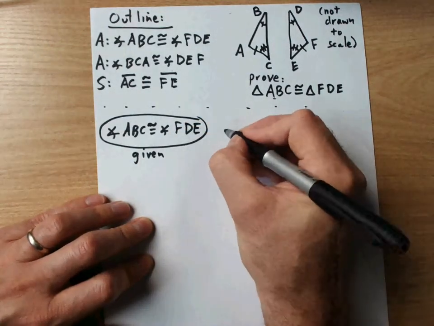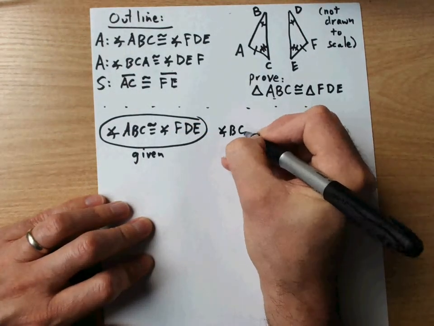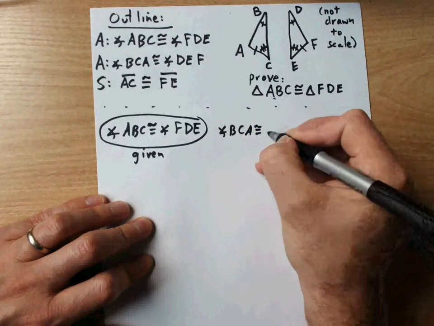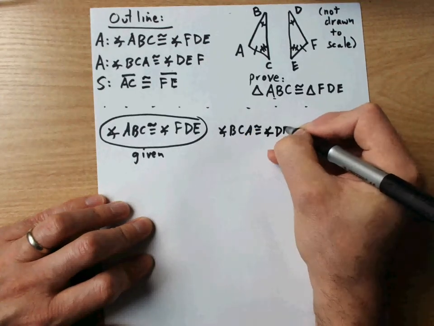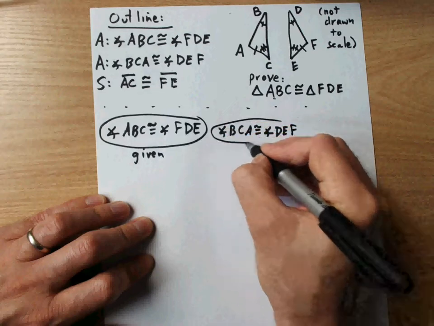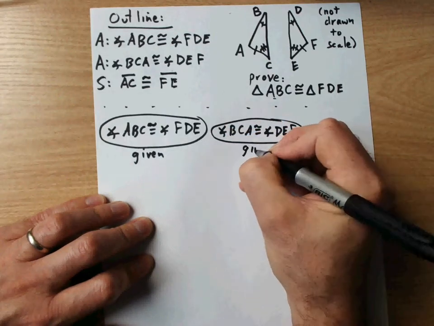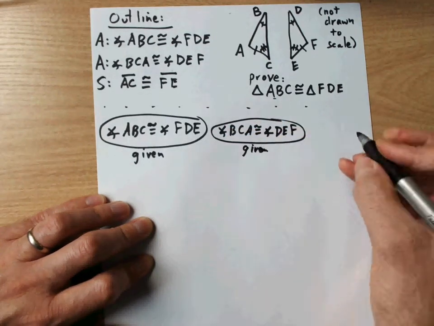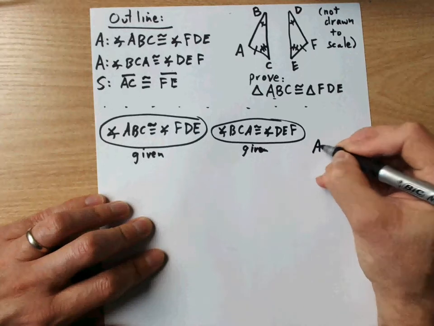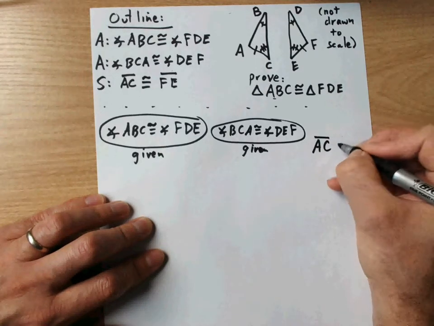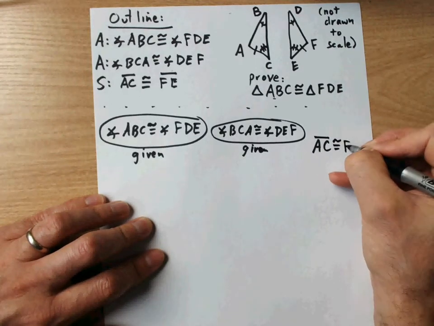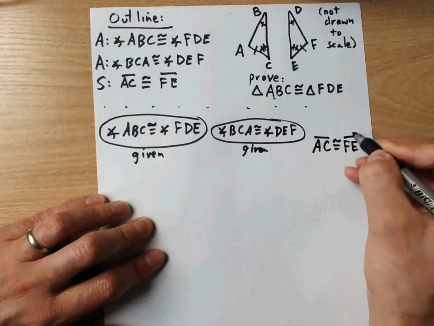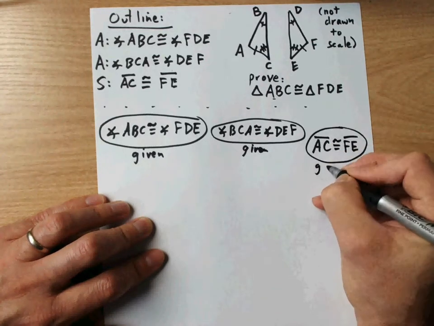We have angle BCA is congruent with angle DEF. How do we know that? It was given. And we have segment AC is congruent with segment FE. How do we know that?